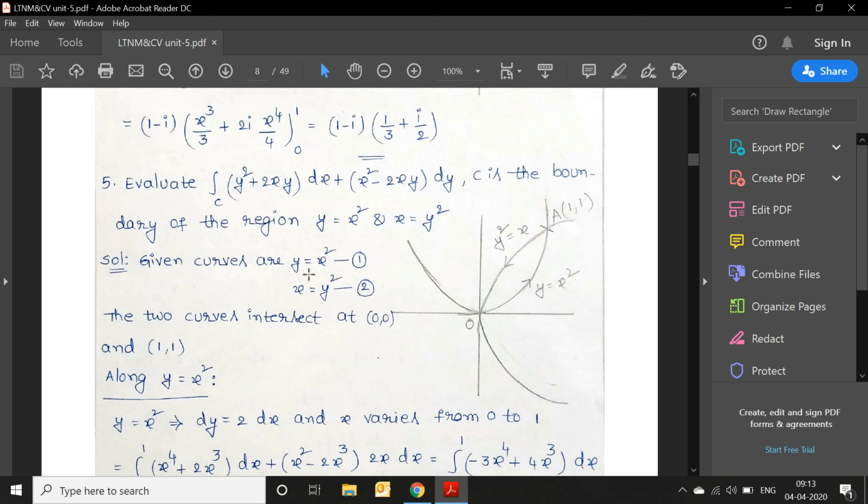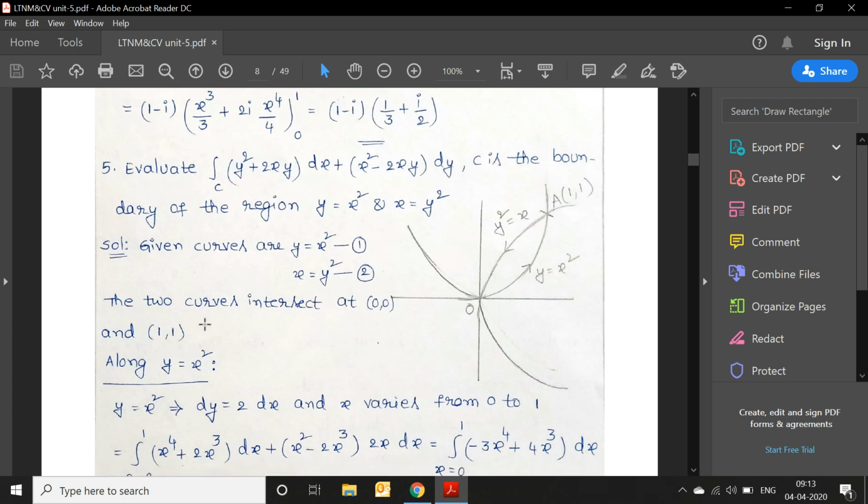Then y common, y into (1 minus y cube) is equal to 0, y is equal to 0, y is equal to 1. If y is equal to 0, x is also 0, so the first intersecting point is (0, 0), and for y equal to 1, x is also 1, the other intersecting point is (1, 1). That's why we write the two curves intersect at (0, 0) and (1, 1).